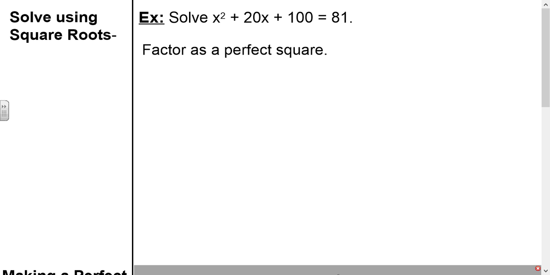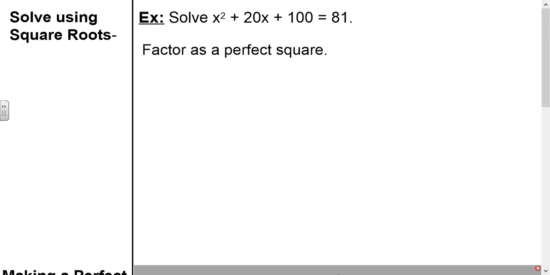In case you forgot, when we were doing factoring, a perfect square trinomial is something that factors into the square of a binomial, like x plus 5 times x plus 5, or x minus 7 times x minus 7. You get the idea. So we're going to solve the equation x squared plus 20x plus 100 equals 81 by using square roots.